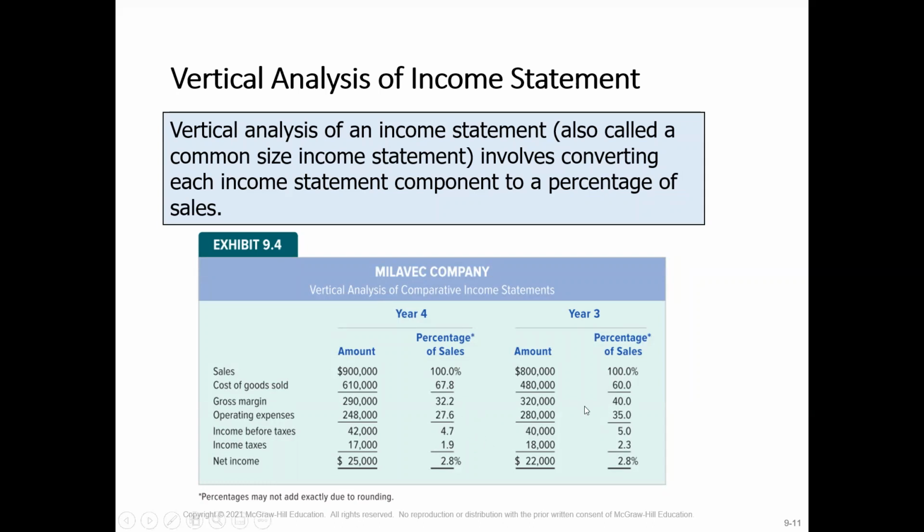Our gross margin is down, but what saved that company is they lowered their operating expenses somehow. Just happened to come up with the same exact net income as a percentage of sales. So that was some good company management there. So not only would you look at cost of goods sold increased, the next step would be to say, okay, why did cost of goods sold increase? That would take some more investigative journalism on management's part.